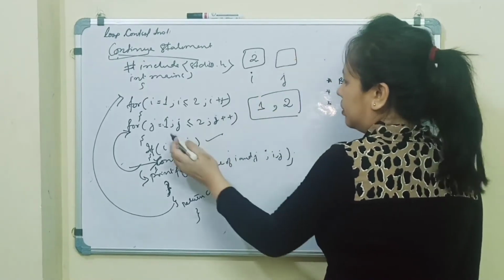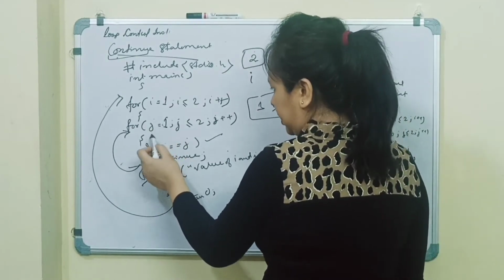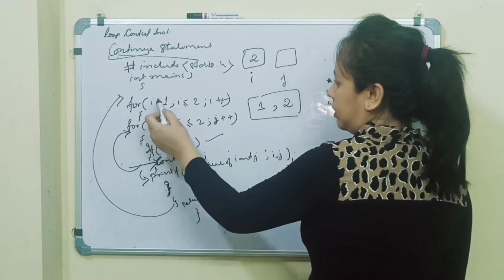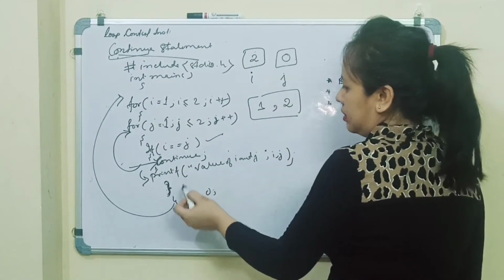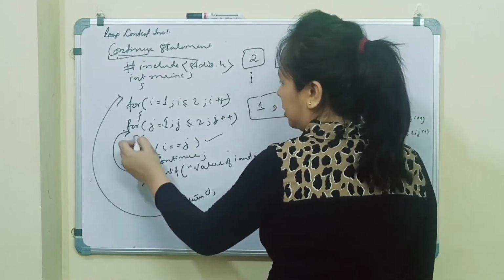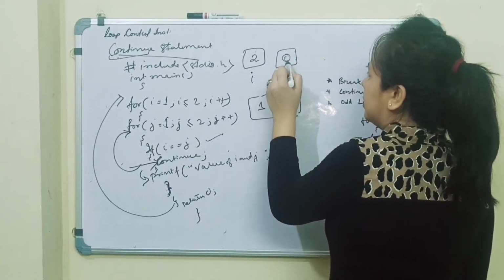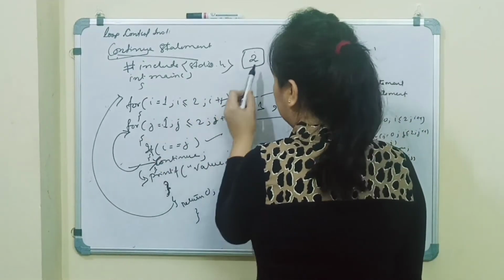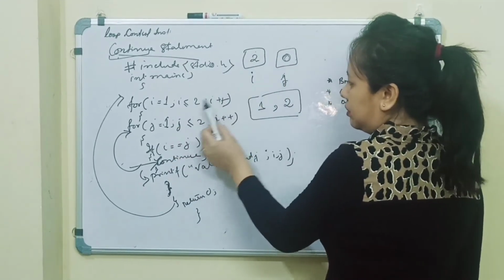Now i gets incremented by i plus plus, so the value of i becomes 2. Since the control came out of the j loop and went to the first for loop, i will be 2. Is i less than or equal to 2?